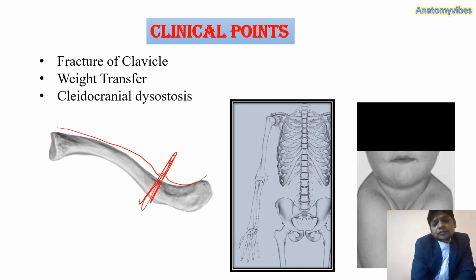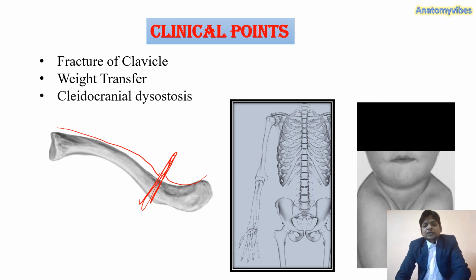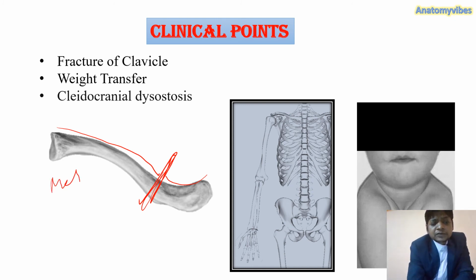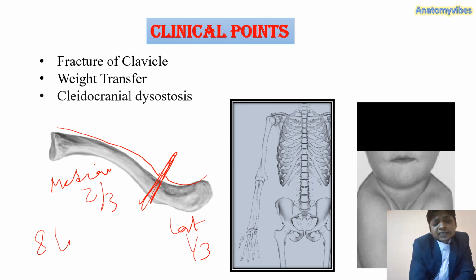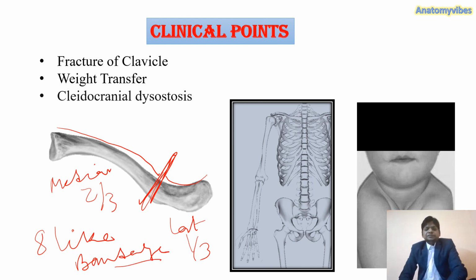At this point, because of the bend, because here is angulation, the most common site of the fracture is junction of medial 2/3 and lateral 1/3. Now, this fracture is generally not corrected surgically. It can be easily corrected by just 8-like bandage. In rare cases, it needs surgery.